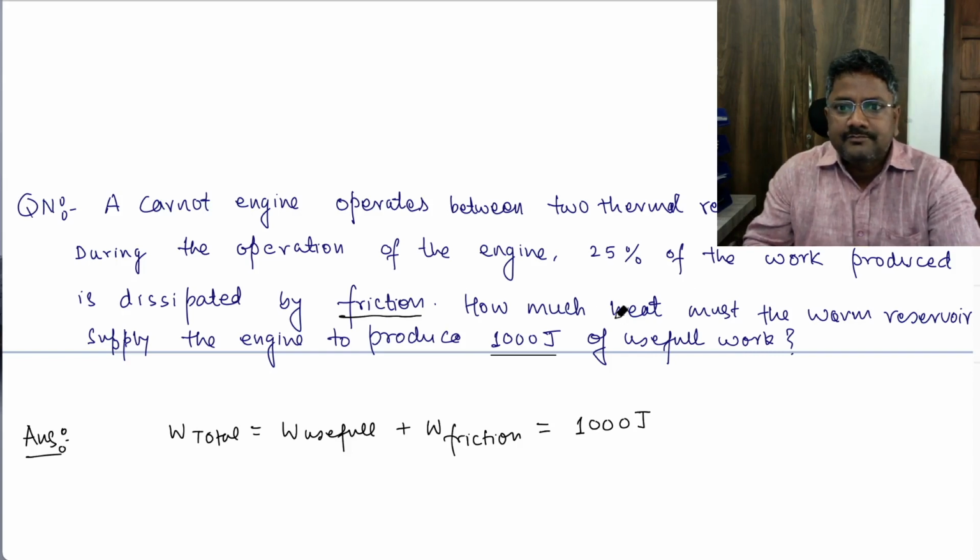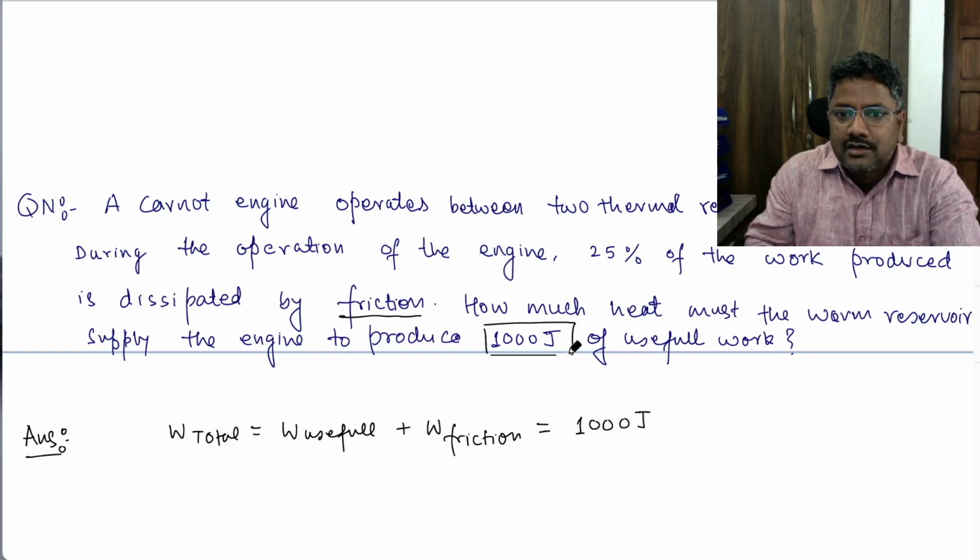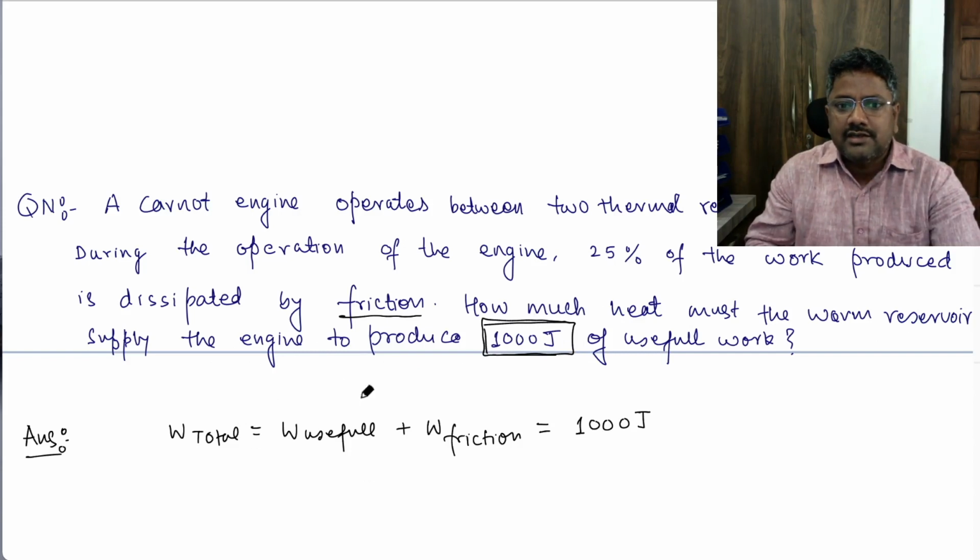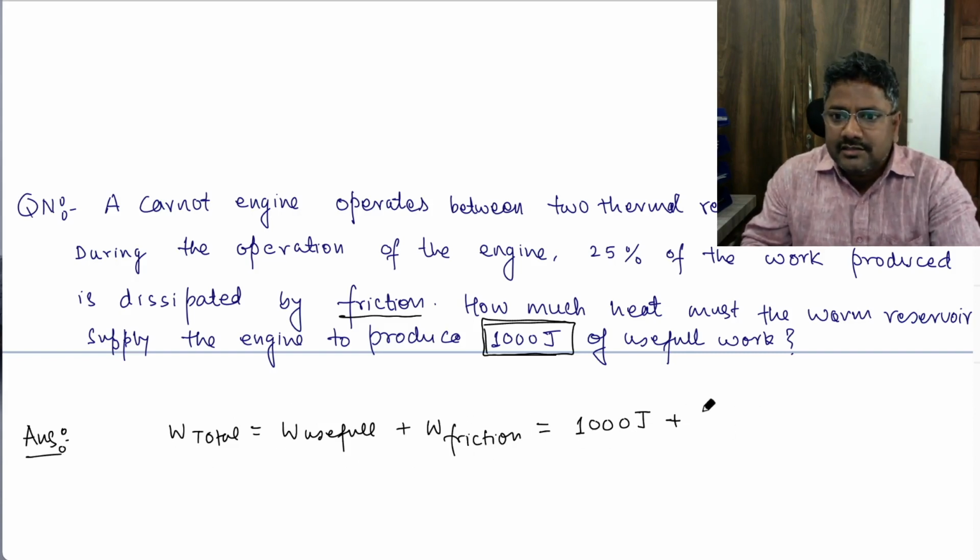See what is given: how much heat must the warm reservoir supply to the engine to produce 1000 joules of useful work, right? So the total work is equal to useful plus this friction. And what is this value? W friction is 25%, 0.25 of W total.